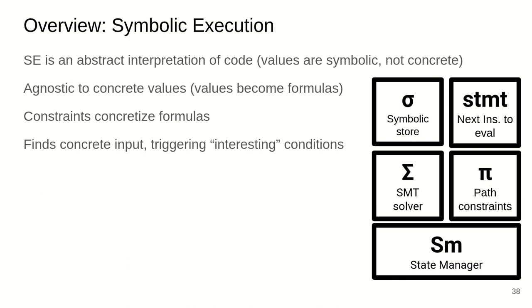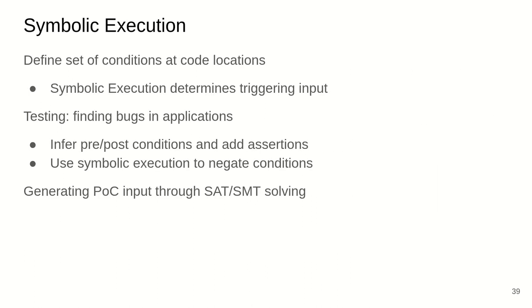Right, so a symbolic execution engine will have the statements of the program with a set of statements to evaluate, a symbolic store, which contains all the information about the variables, the path constraints along the current path that is being evaluated, and then calls into an SMT solver to figure out if something can be satisfied or not.